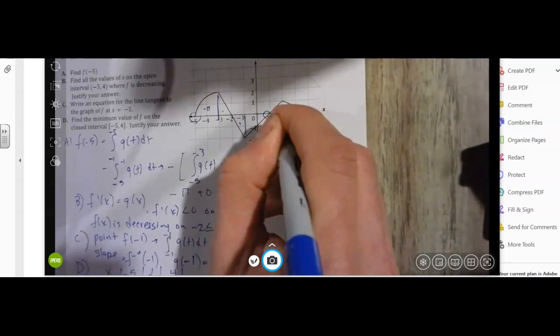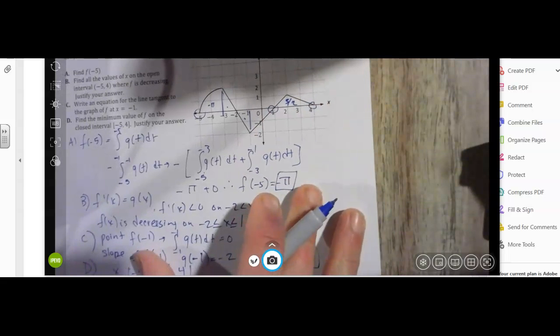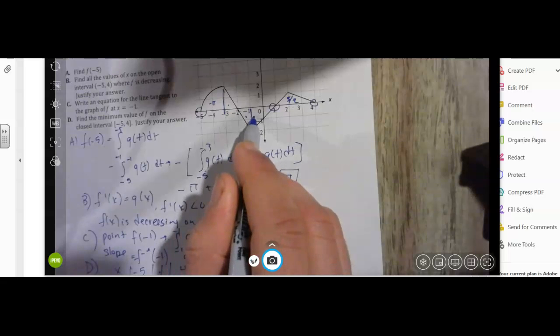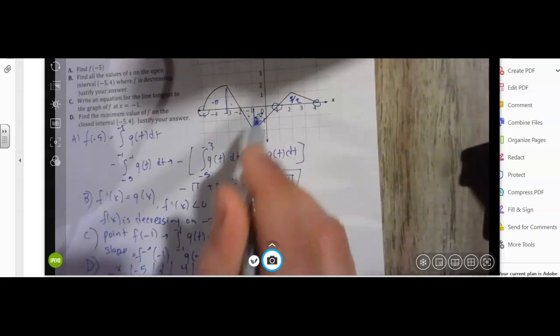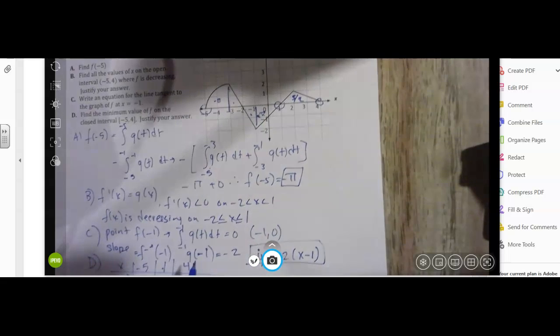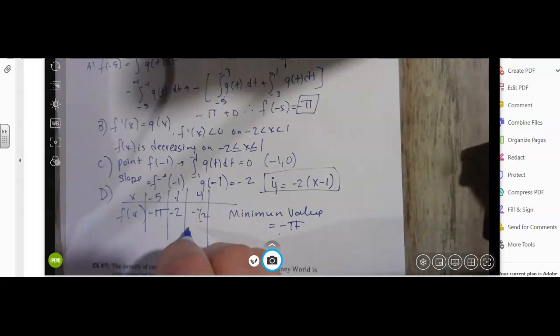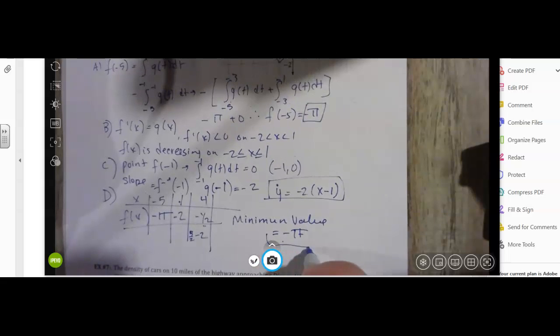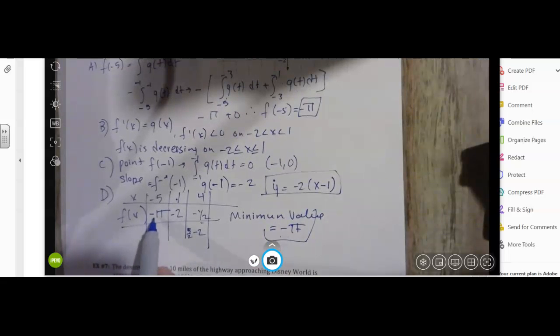So the area of that triangle is 3 halves. And then from -1 to 1, which we just did, that's going to be 2 times 2 divided by 2, so that's -2. So that's why we get -1/2, because it's 3 halves minus 2, which gives us -1/2. So we look at the minimums, and we can see that the minimum candidate is -pi.